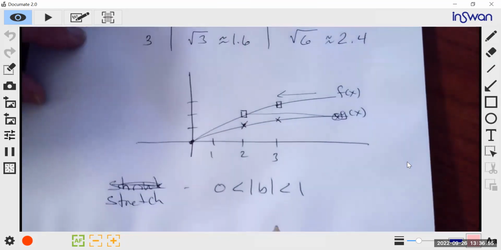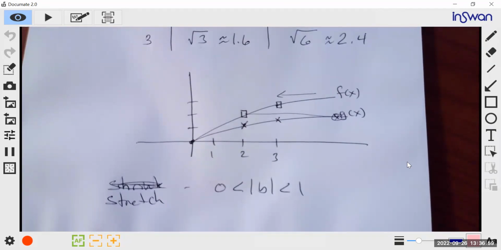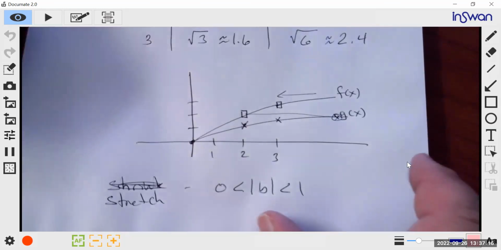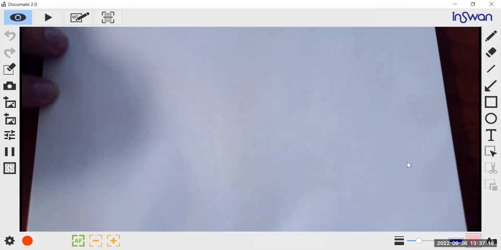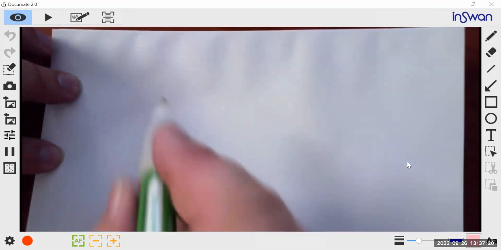This is a stretch, which means it'll take longer to get the same values. So I told you, the vertical and horizontal compression and shrinking, those are the most complex. Let me show you what this really means in the whole scheme of things.